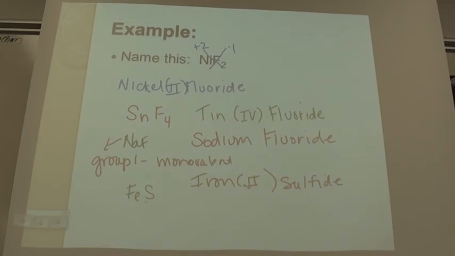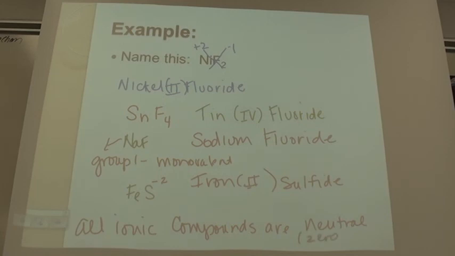All right, here's the deal. What is the charge on sulfur every single time? -2. You know that all ionic compounds are neutral. That means that when you add up the charges, the total is 0.